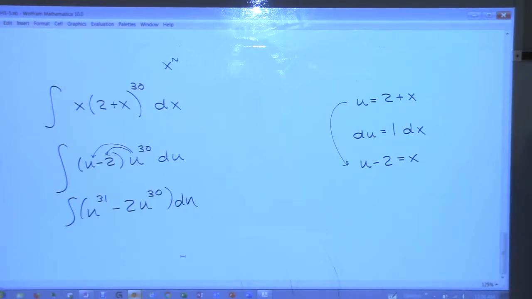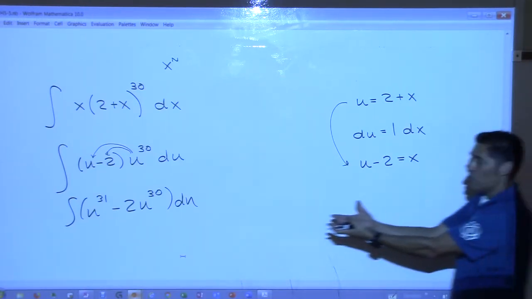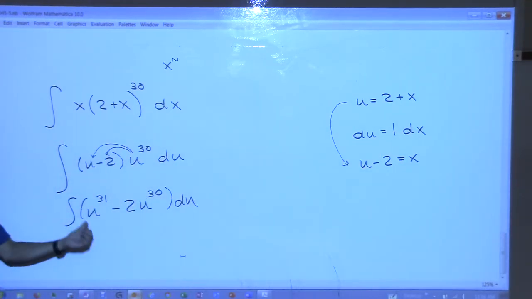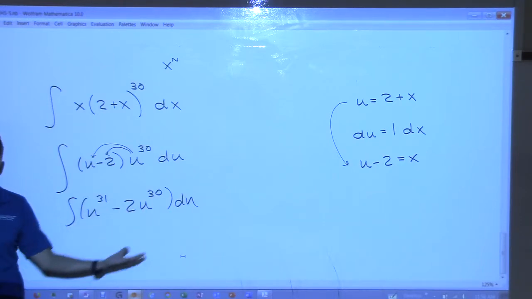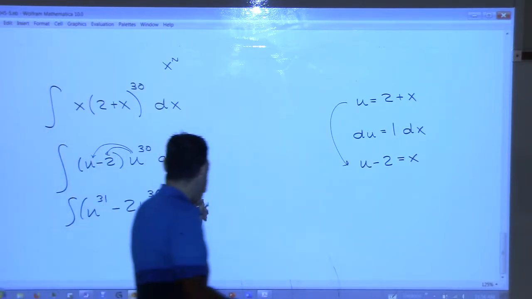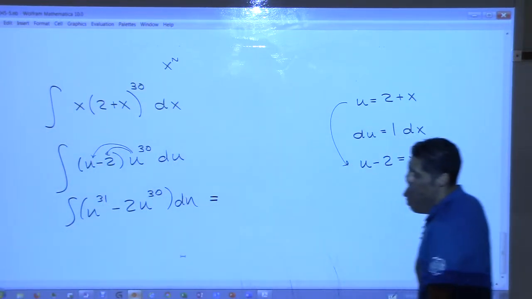And now, Tatum, can we do that? This is doable. So this is kind of like what your quiz was just on. This is like x to a power, so you can just use your power rule. You ready? So Tatum, what's the antiderivative of u to the 31st power?